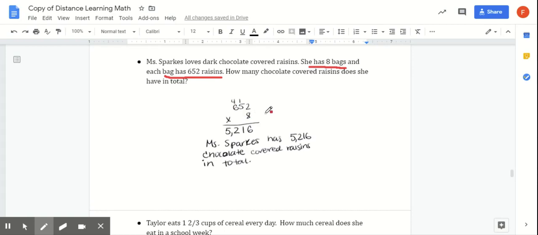So I'm going to set up my algorithm and solve. After we solve, we can see that Miss Sparks has 5,216 chocolate-covered raisins in total. Take a minute to check your work and revise any mistakes that you may have found.